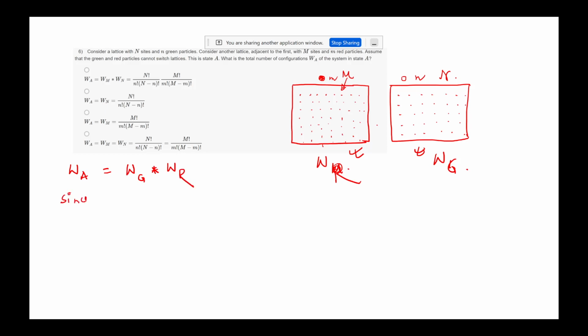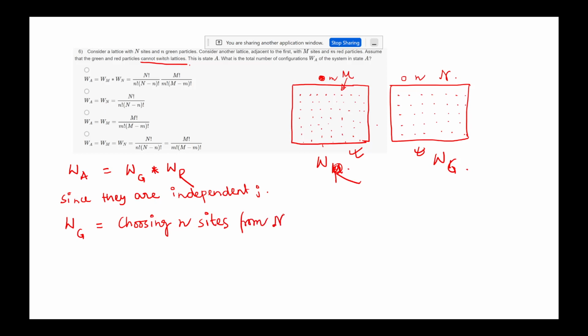Since they are independent, and since they cannot switch lattices, WG for green will be choosing n sites from n, that is nCn, or n factorial divided by n factorial times (N minus n) factorial, right?